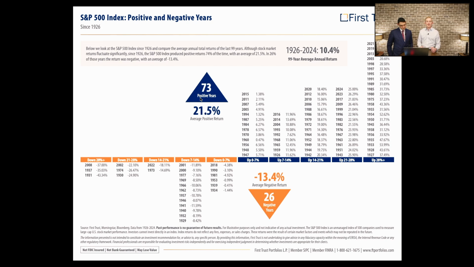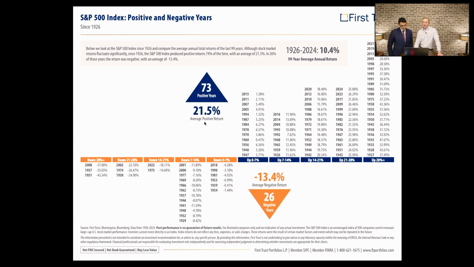So let's just say roughly 73% of the time, I guess it's 74% of the time, the markets are positive. And sometimes they're on these outliers, where these are years where the market's up the most, and these are years where the market's down the most. But look how this is skewed. Up 28+% has a lot more outliers up here than the down years.